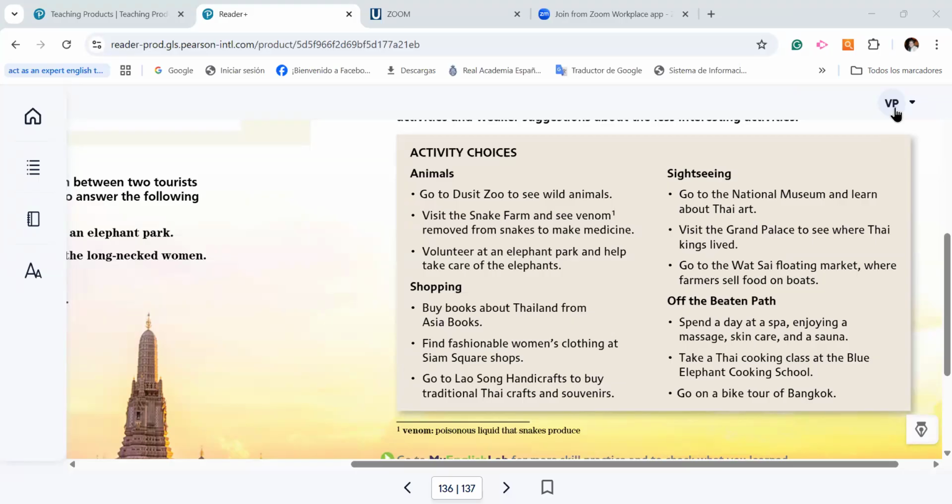We might not want to go to the floating market where farmers sell food on boats. Thank you so much. And the last is: we could go to the National Museum and learn about Thai art. Okay. Good job.